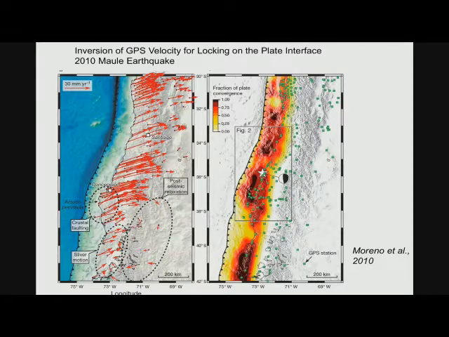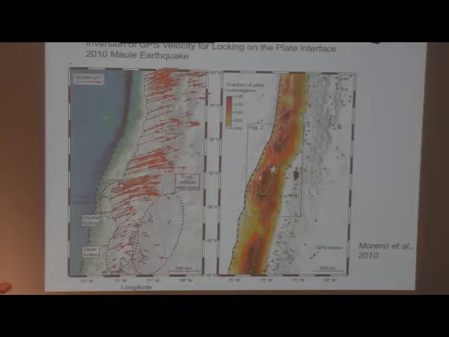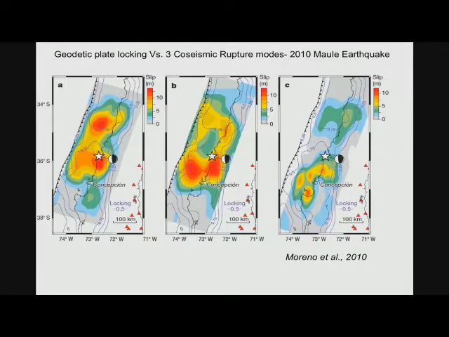And so the expectation is, if we could have some information before the earthquake on where most of the slip is going to occur, that's going to tell us also about where the strongest shaking will occur. And we'd expect that we might have most of the slip here and here. So how well does this model of locking do to predict the slip distribution, the asperity distribution, from either the seismic waves or GPS during the earthquake?